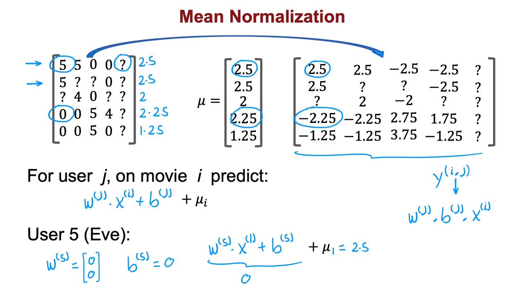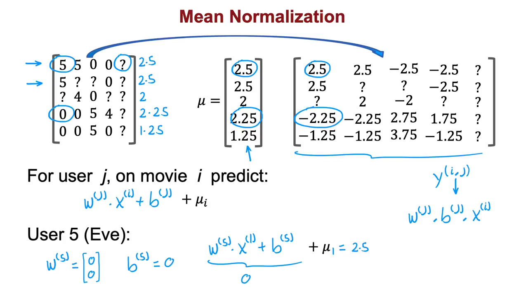And in fact, the effect of this algorithm is it will cause the initial guesses for the new user Eve to be just equal to the mean of whatever other users had rated these 5 movies. And that seems more reasonable to take the average rating of the movies rather than to guess that all the ratings by Eve will be 0.